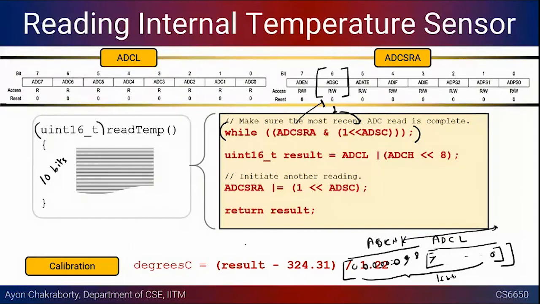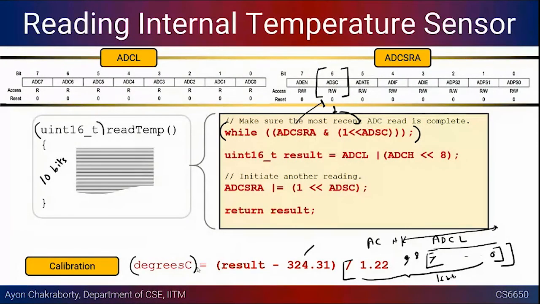This result will be some 10-bit number, and from that value you subtract 324.31 and divide by 1.22. That gives you the value in degrees centigrade.